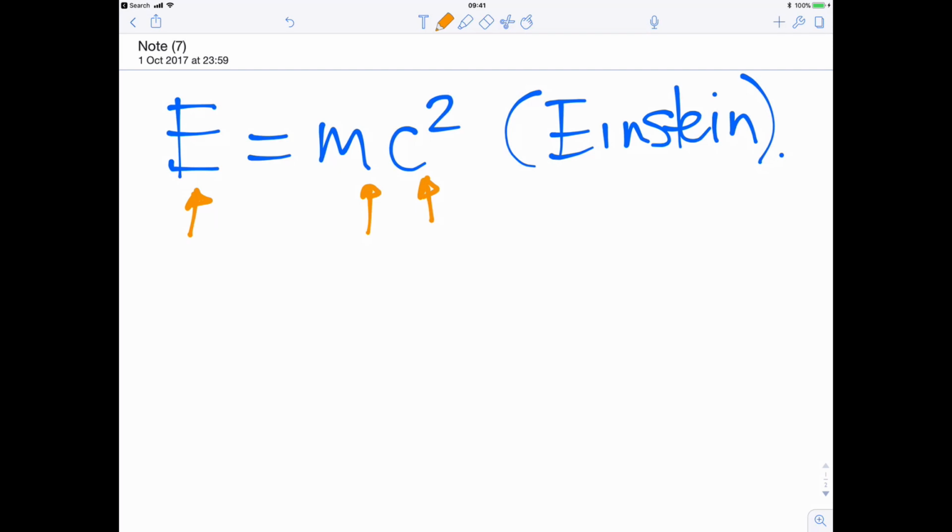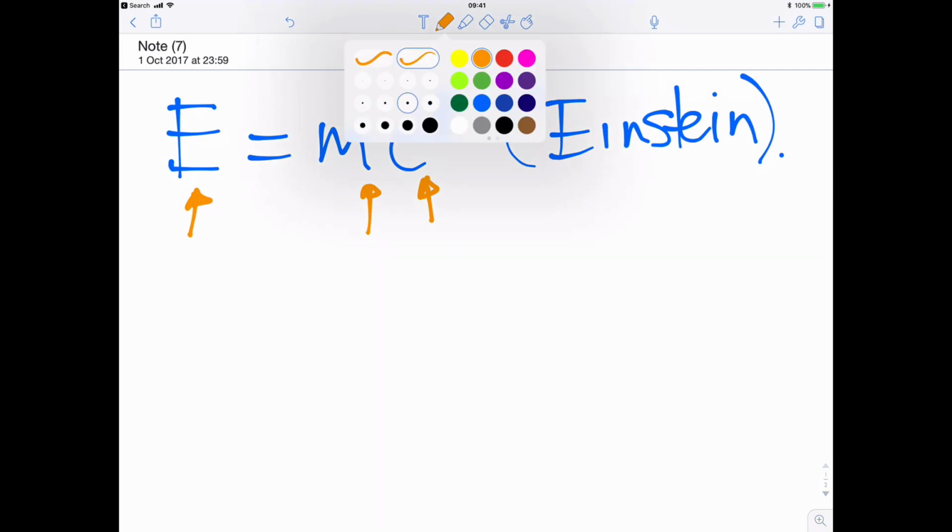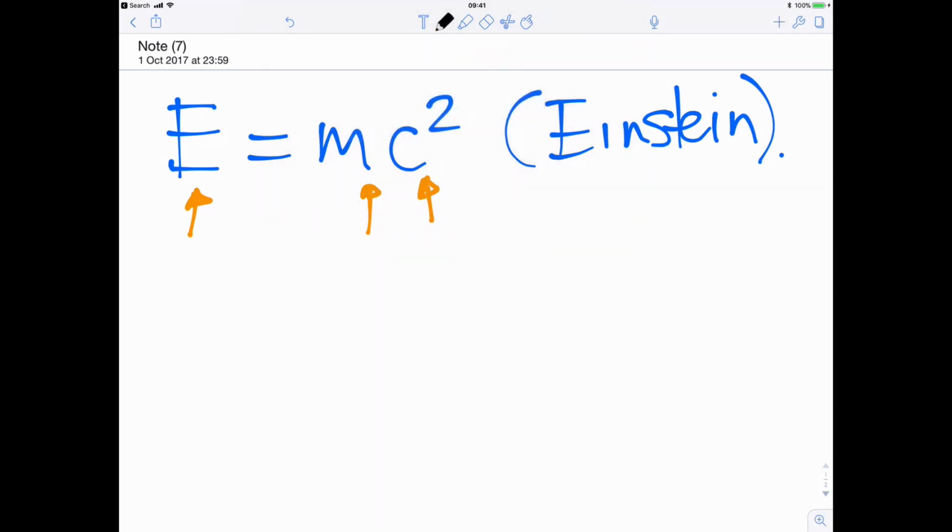Okay, so if I'm given Einstein's famous equation and I want to calculate the mass. For example, energy is a variable, mass is a variable, and the speed of light is a constant. It's a constant in this case.